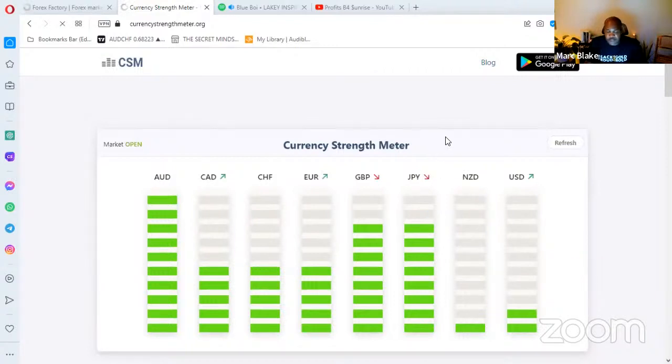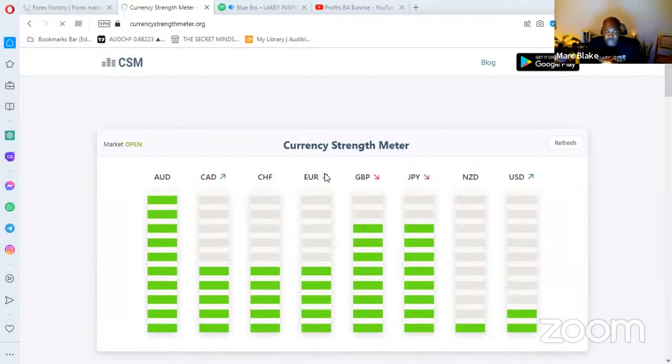So with Japanese yen being the strongest, guys, next to AUD, of course, when we're looking at the Euro against the Japanese yen, if the second currency is stronger than the first currency, we're going down in the market. And if the first currency is stronger than the second, then we're going up in the market.